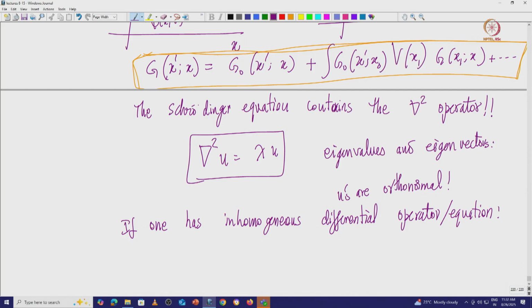Then you have L of u(x) minus lambda u(x) is equal to f(x). f(x) is nothing but your inhomogeneous part.